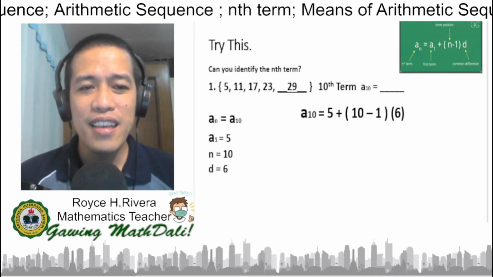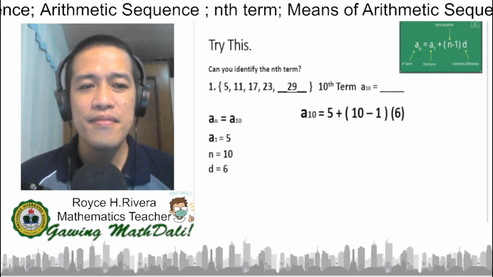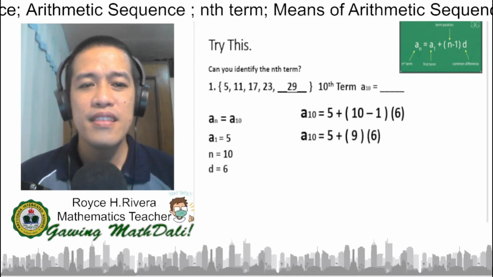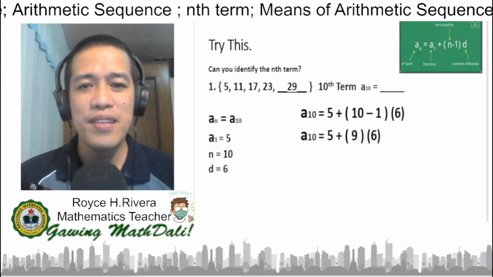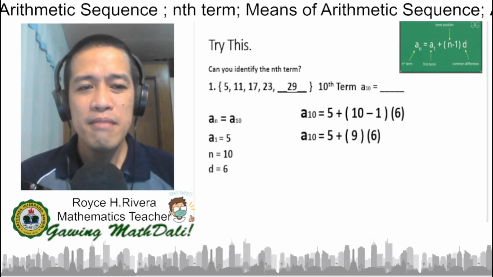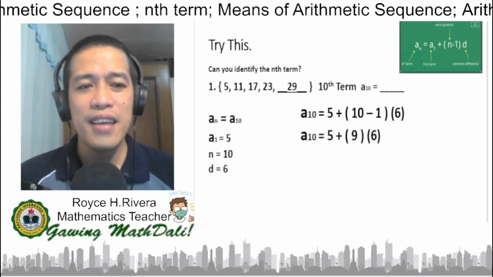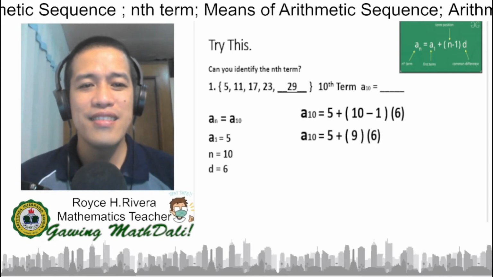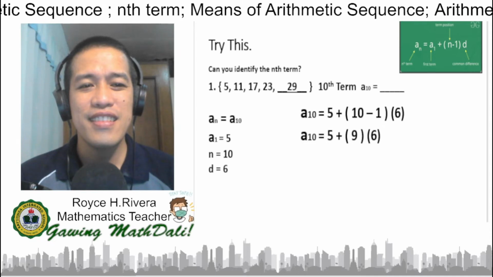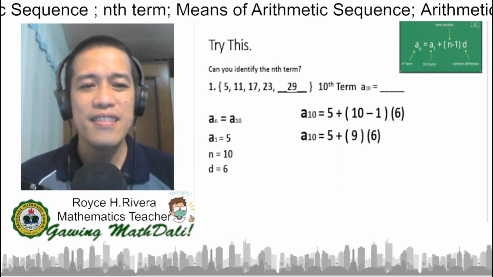The next line will be A sub 10 equals 5 plus 9 times 6. Next line.